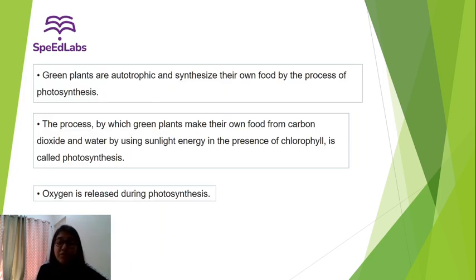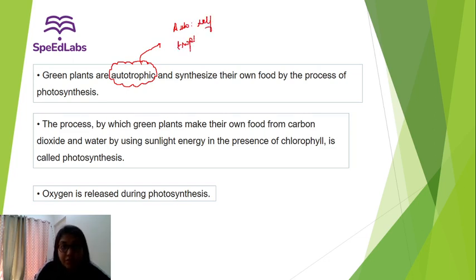And where do we find photosynthesis? We find photosynthesis mainly in green plants, and that is the reason the mode of nutrition of green plants is autotrophic. What is the meaning of this? Auto means self, and trophic means to obtain nutrition.